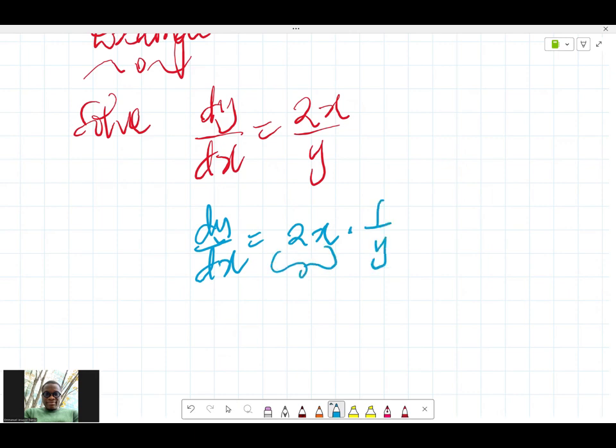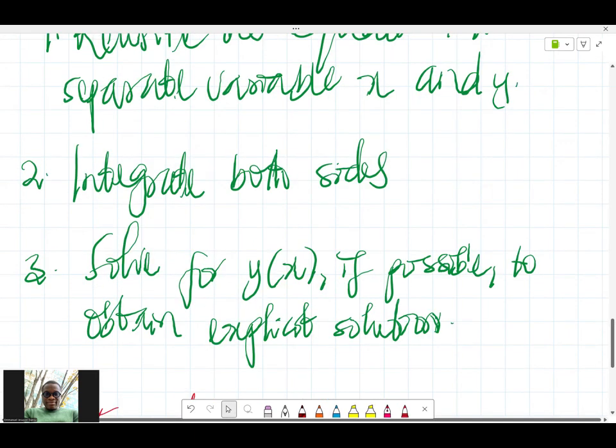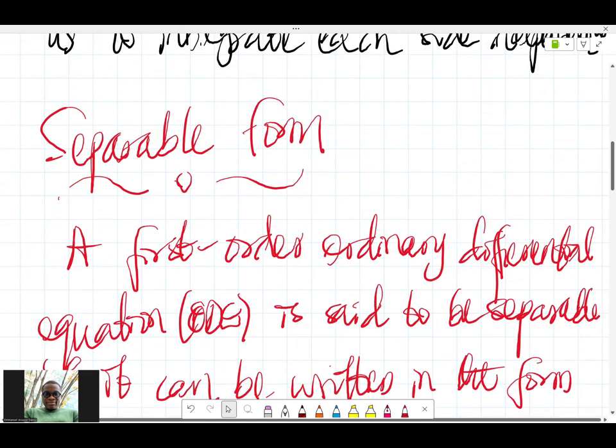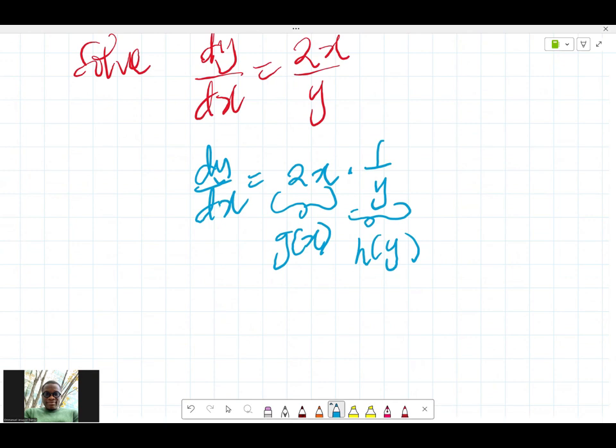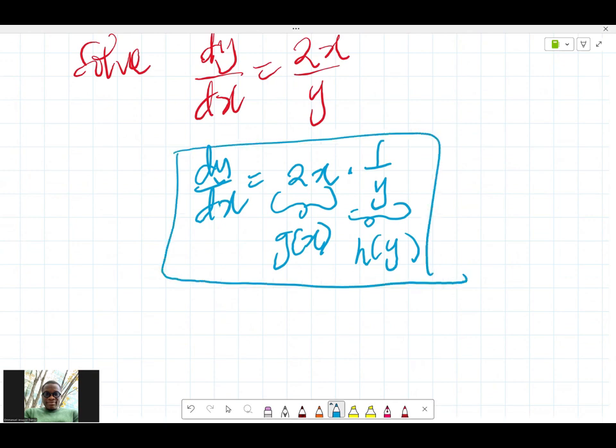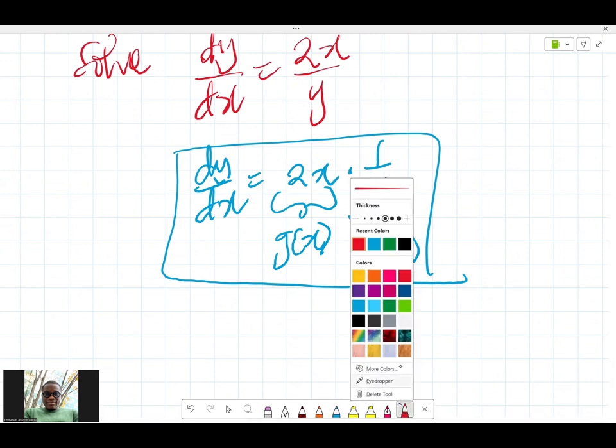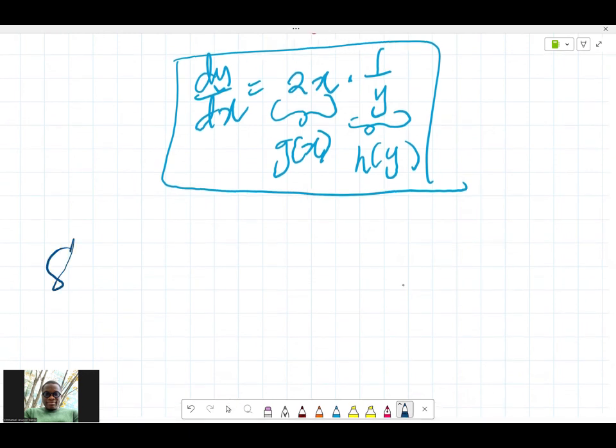So this follows the general pattern that we showed earlier: 2x is like your g of x, while 1 over y is like your h of y. So it's a perfect example of a separable equation. Since we have to solve this now, let's take step one, like we've just been told.